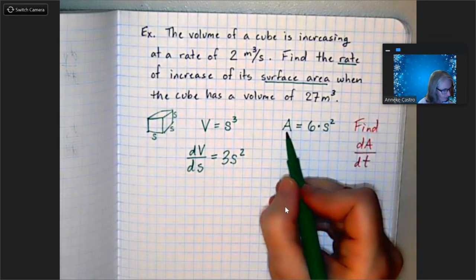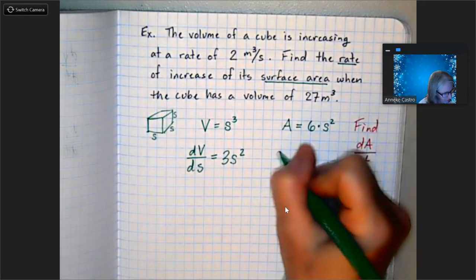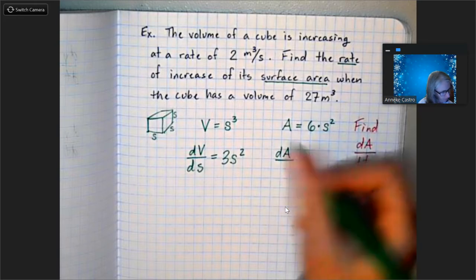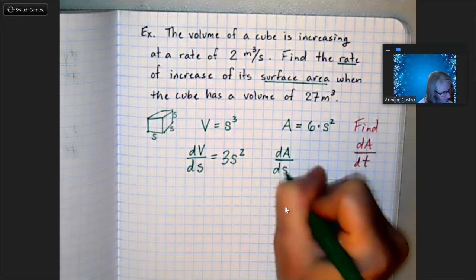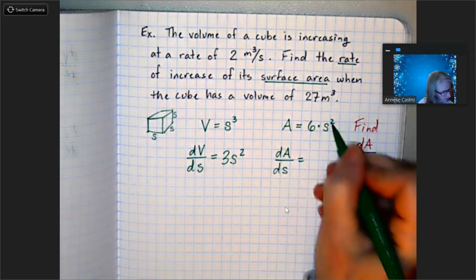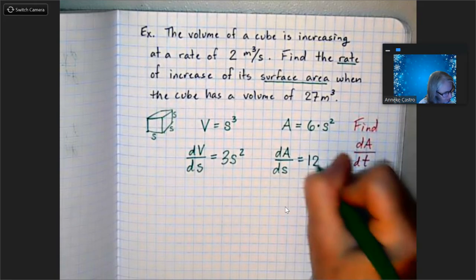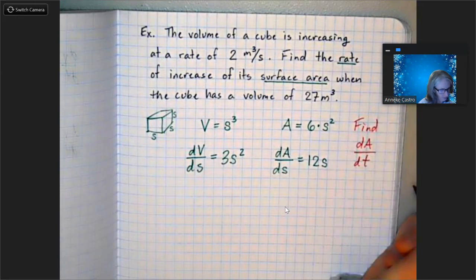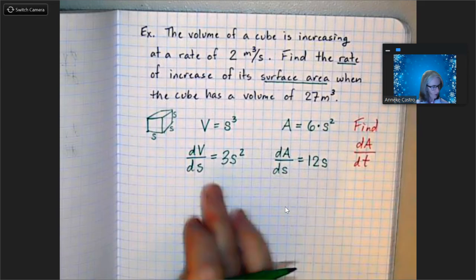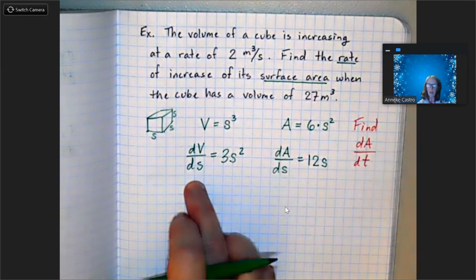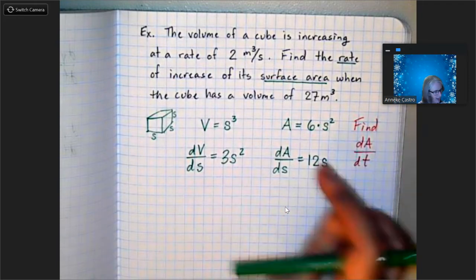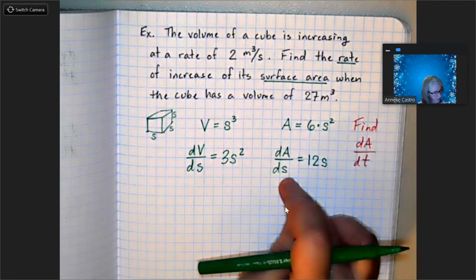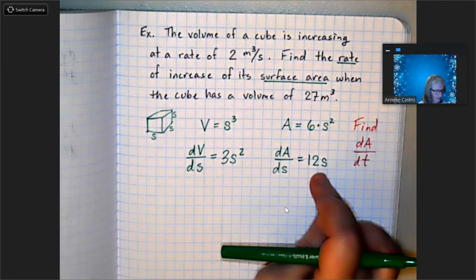And then if I take my derivative of the area, I'm going to have the change in area in regards to s. I'm going to have 2 times 6 is 12, so 12s. Okay, so the change in volume in regards to the side length is 3s squared, and the change in area in regards to the side length is 12s.